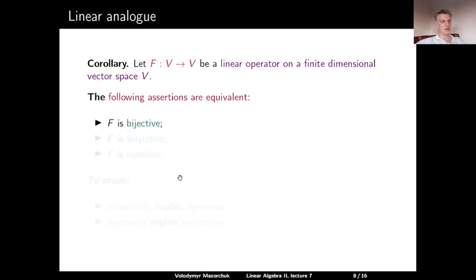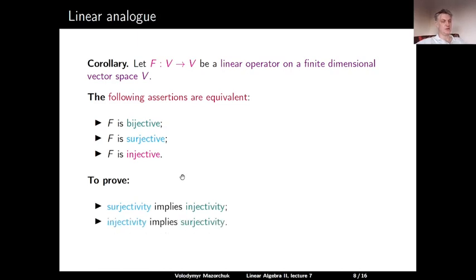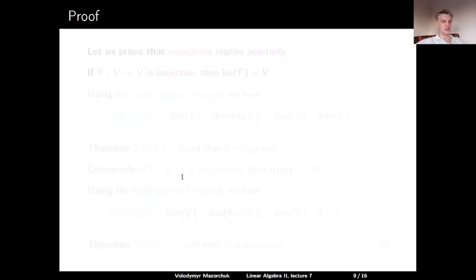F is bijective, F is surjective, and F is injective. So to prove this, we actually need to prove only two things. We need to prove that surjectivity of F implies injectivity of F, and vice versa, that injectivity of F implies surjectivity of F. So let's prove this.